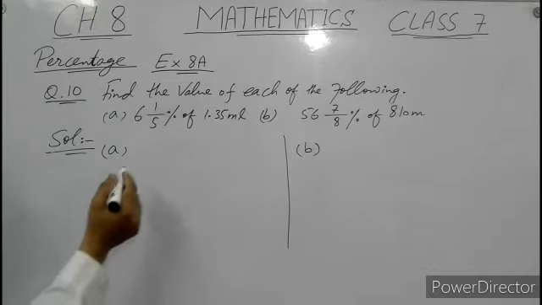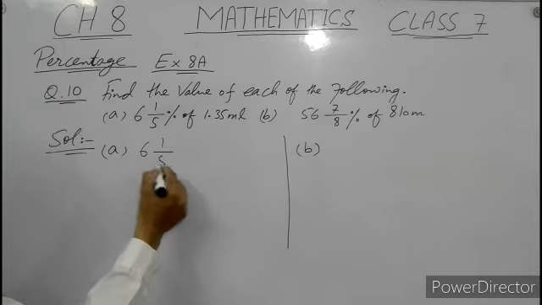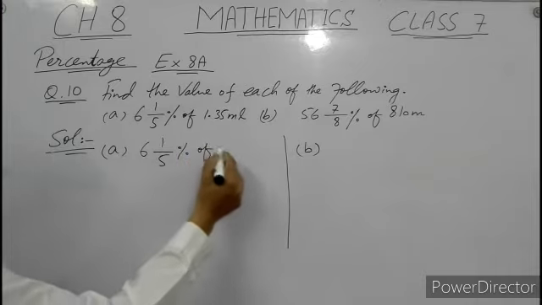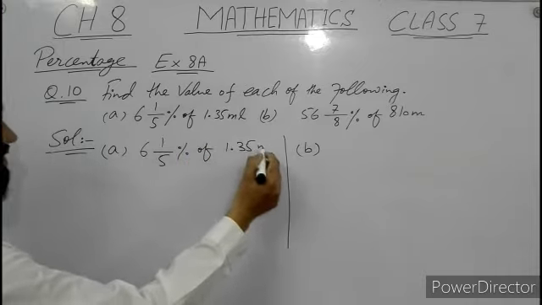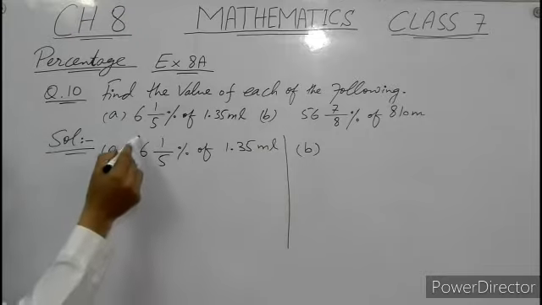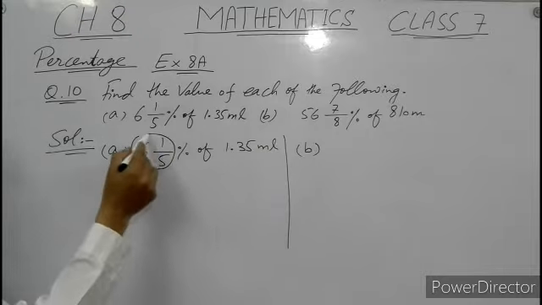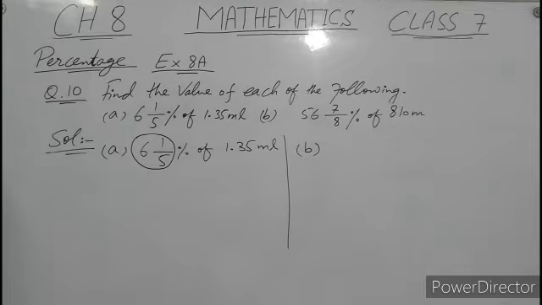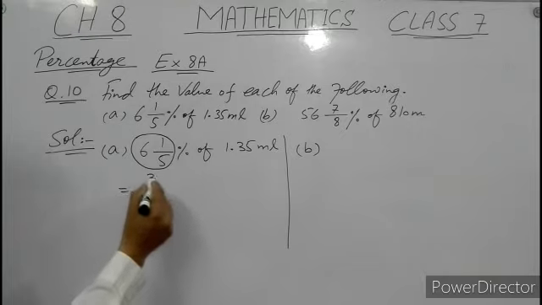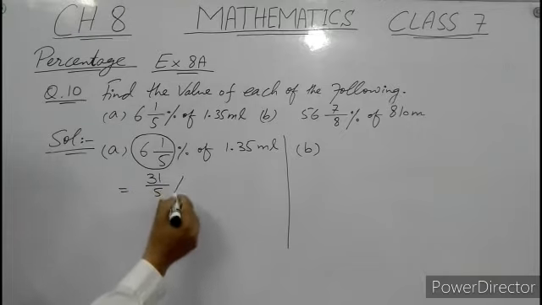In A part we have to find 6 and 1 over 5% of 1.35 milliliter. So firstly, you can convert it into an improper fraction or decimal form. Into an improper fraction form, it will become 31 over 5% of.